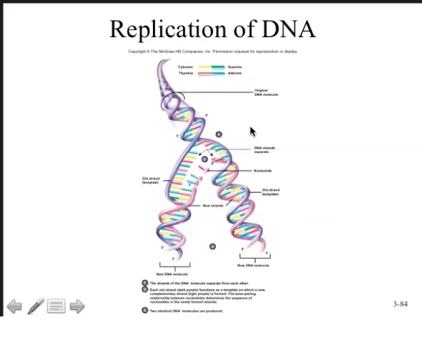As it opens up, proteins whose job it is to stabilize the separated double helix will move in, followed by proteins whose job it is to copy the new strand using the information that's in the old strand.